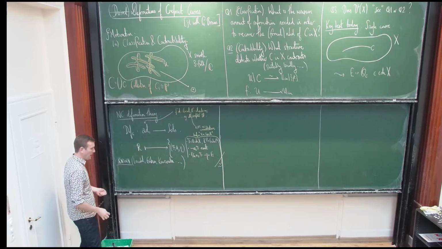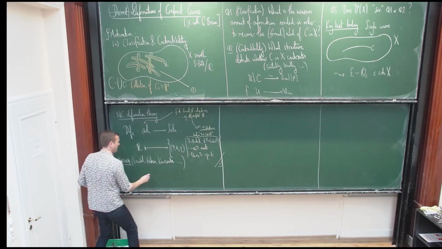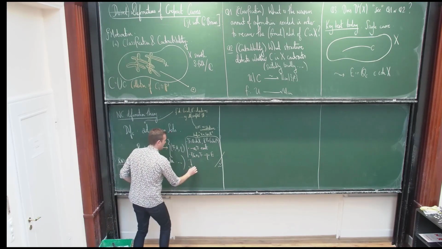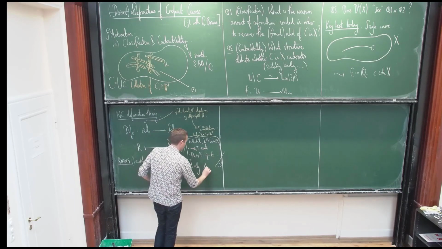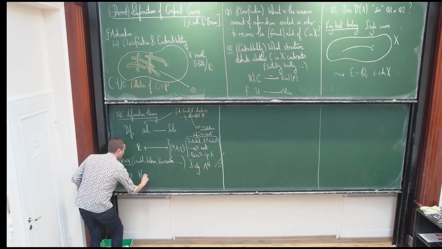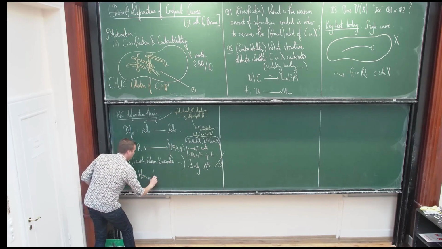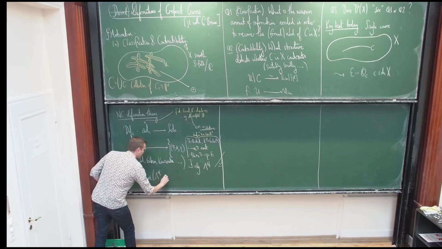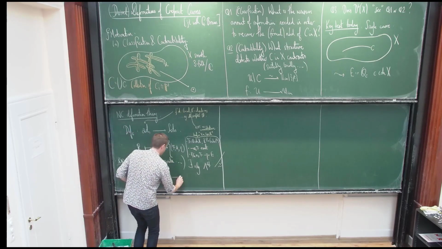This was called the pro-representing hull. There exists an algebra which we call lambda def, the deformation algebra, such that the Hom from lambda def to Art 1 is basically this functor.